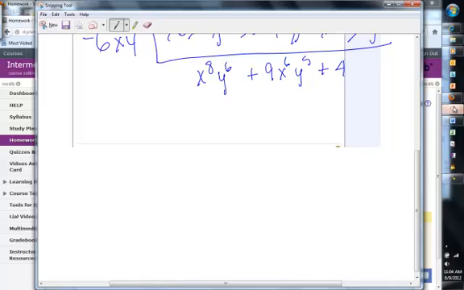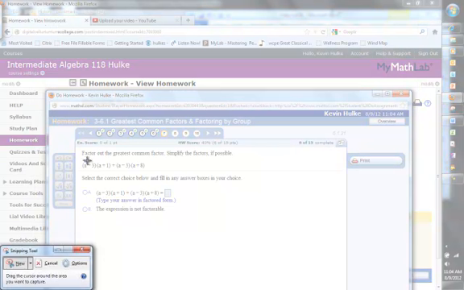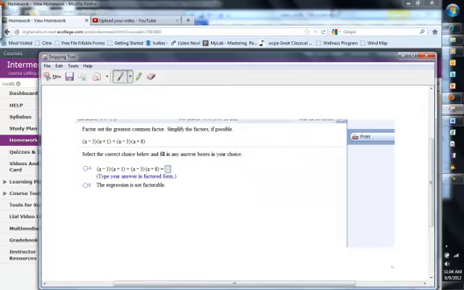Next one. Factor this one. Now, when people see this one, they sometimes get confused as to what they're looking at. So I think it helps, a minus 3, a minus 3, I'm going to just show you it using colors. a plus 1 plus a plus 8.